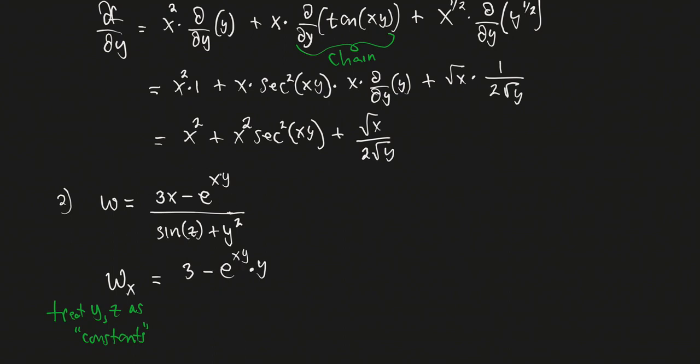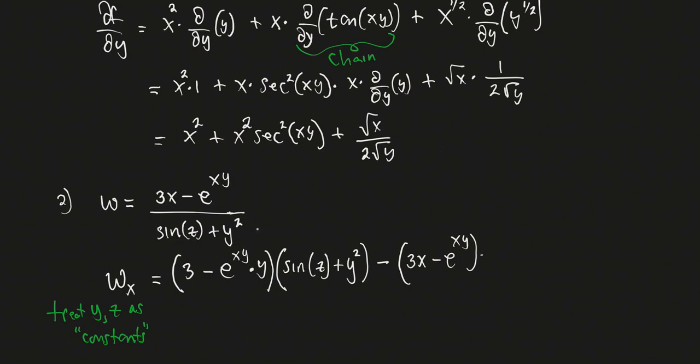So that's the derivative of the top with respect to x, and then I have to multiply the bottom. You notice I'm using my parentheses here because we have lots of terms and we want to make sure that we have the correct order of operations indicated. So this is the derivative of the top times the bottom. Now minus the top, so that's another quantity, 3x minus e to the xy, and then times the derivative of the bottom with respect to x.